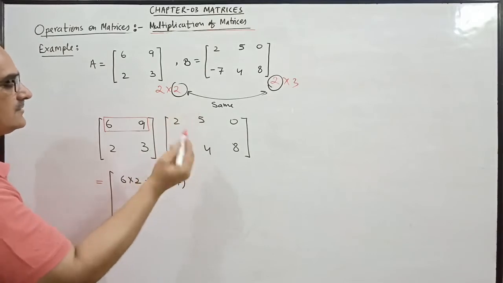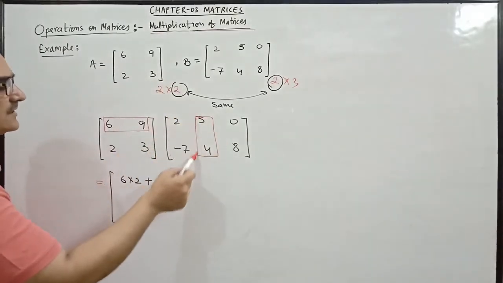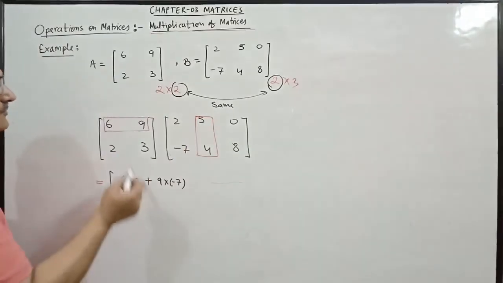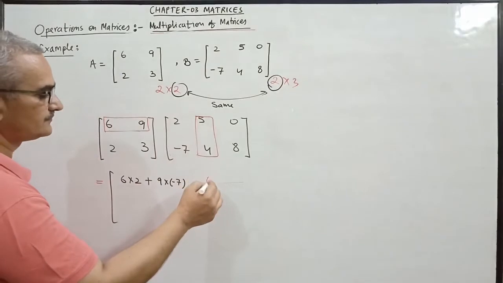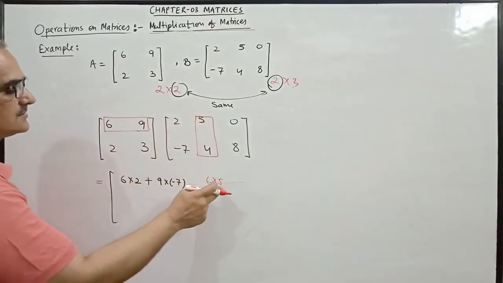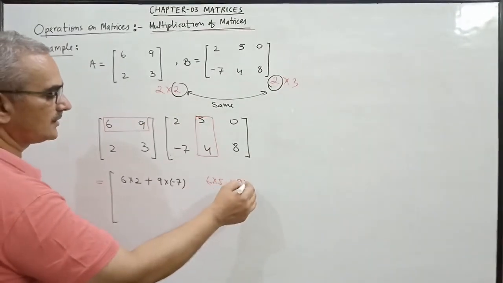The first row and second column element will come here. So we have to multiply 6 into 5, their corresponding elements, plus 9 multiplied by 4.